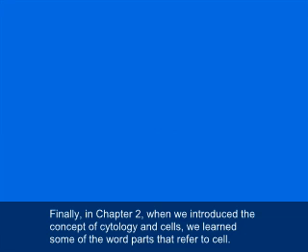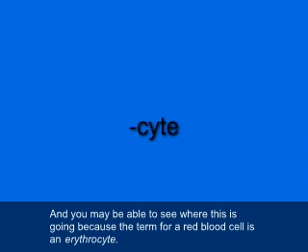Finally, in Chapter 2, when we introduced the concept of cytology and cells, we learned some of the word parts that refer to cell. One that we're going to see quite a bit in this chapter is a suffix, -cyte. And you may be able to see where this is going because the term for a red blood cell is an erythrocyte.